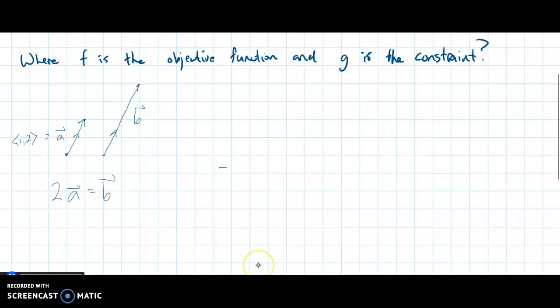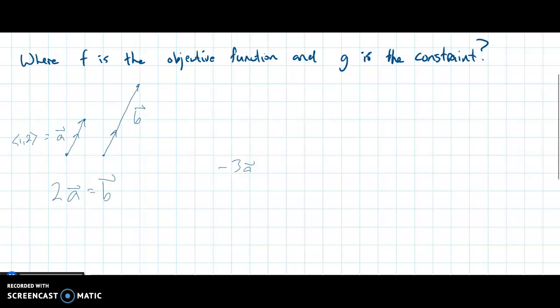So if I took negative 3A, that would be parallel to A. So I can put any constant multiple of a vector out front of it as a scalar, and that new resulting vector will be parallel. So that's important. And the next thing that we're going to talk about is contour graphs.